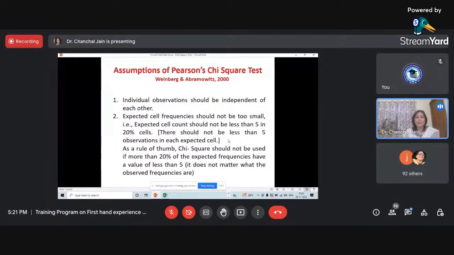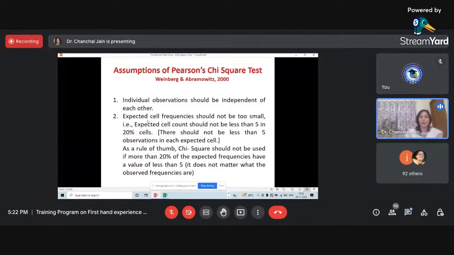That means there should not be fewer than 5 observations in the expected count for more than 20% of the cells. Some of you might be having a little problem understanding this assumption. If so, when I go to SPSS, I think you will be very clear about this second assumption of the chi-square test.